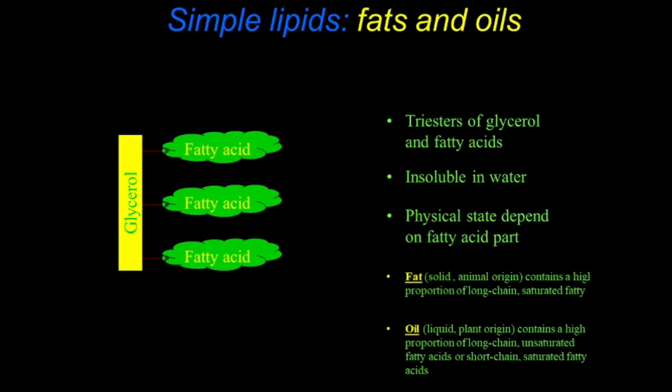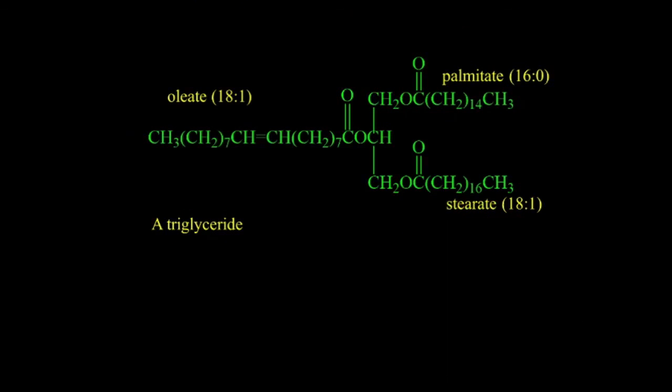So, with some exceptions, fats that come from animals are generally solids at room temperature, and those from plants or fish are usually liquids. Liquid fats are often called oils, even though they are esters of glycerol just like solid fats and should not be confused with petroleum, which is mostly alkanes. So this is a typical triglyceride formed by glycerol, oleic acid, palmitic acid, and stearic acid.